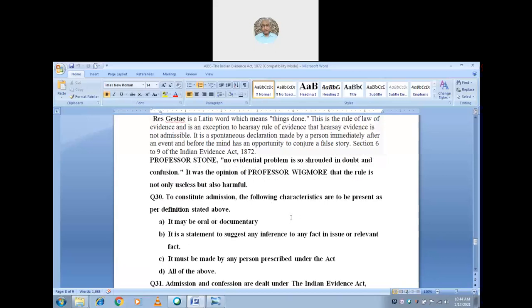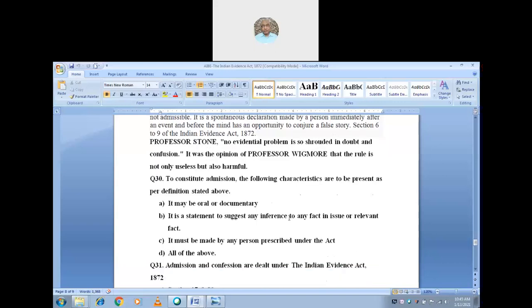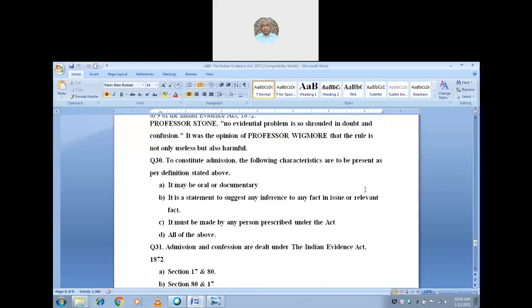To constitute an admission, the following characteristics are to be present as per the definition stated above. Now we will see what the definition is. It may be oral or documentary.